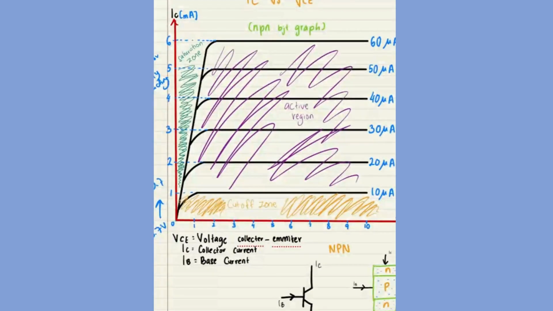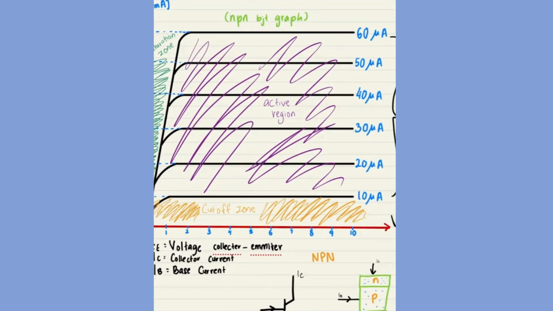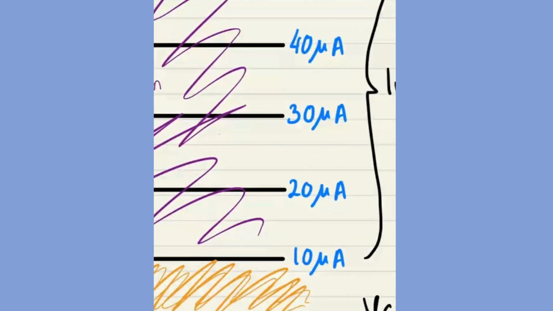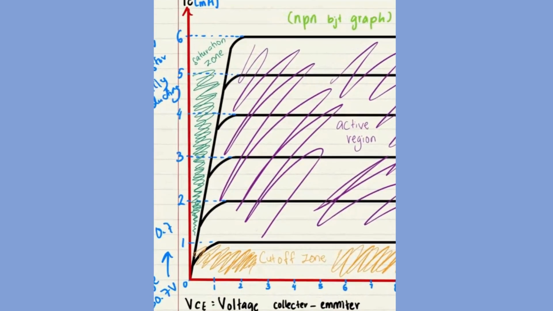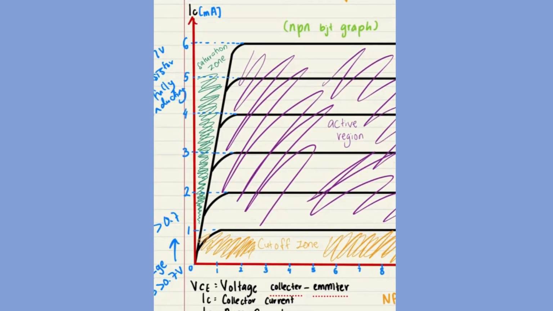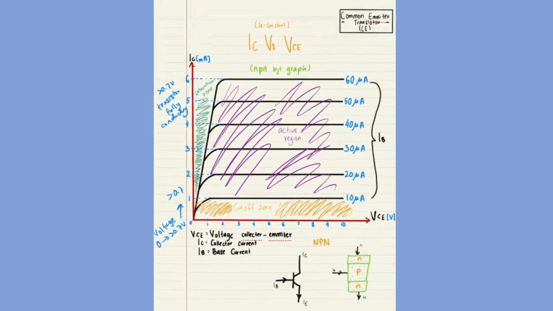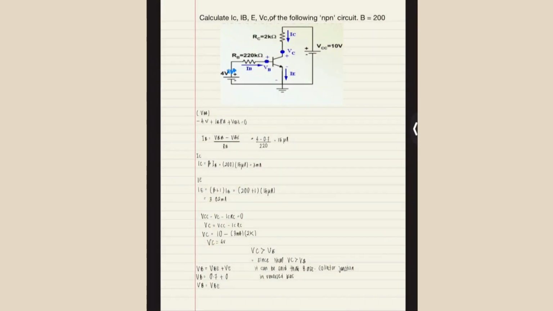So IB must be constant and is affected by IC. When IC is increased, IB will increase.